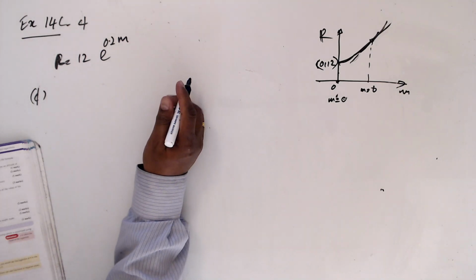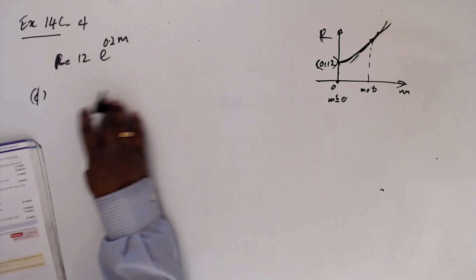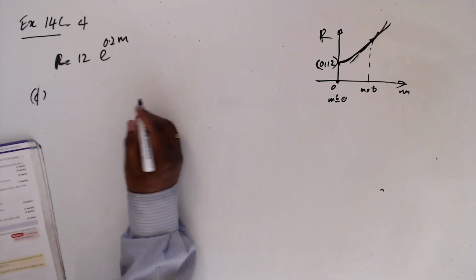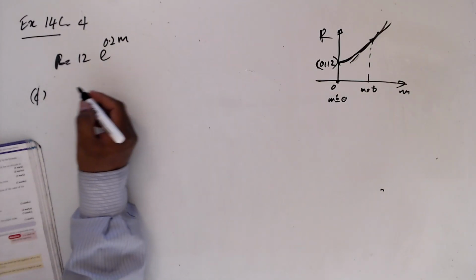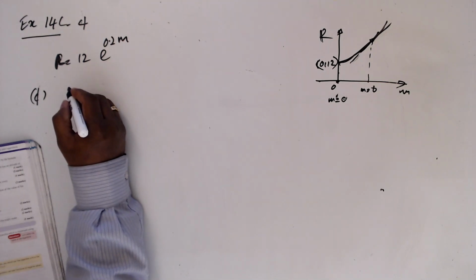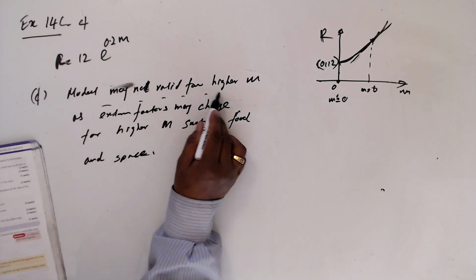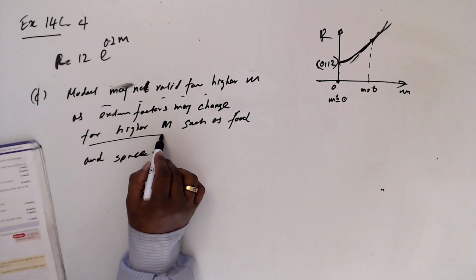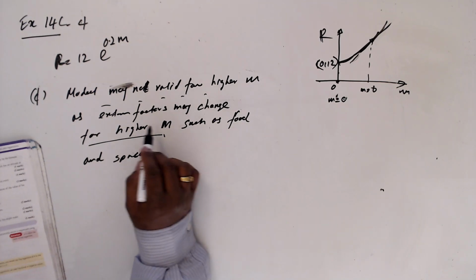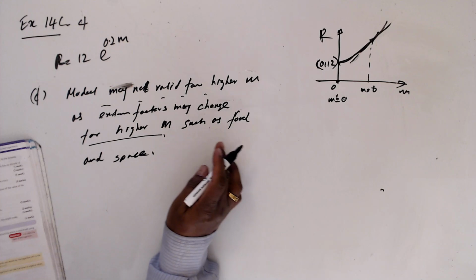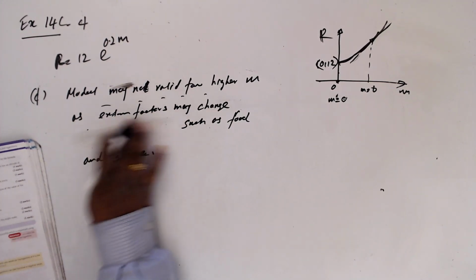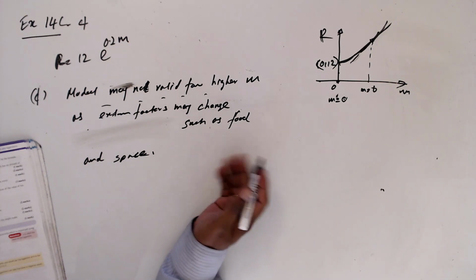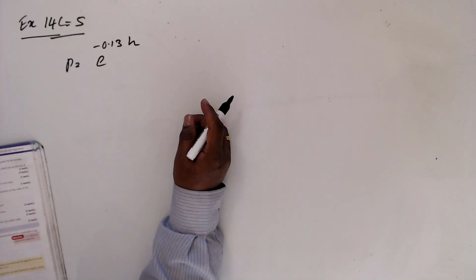So simply we have to say that the model may not be valid for higher m as external factors may change for higher m's, such as food and space, forest, etc.